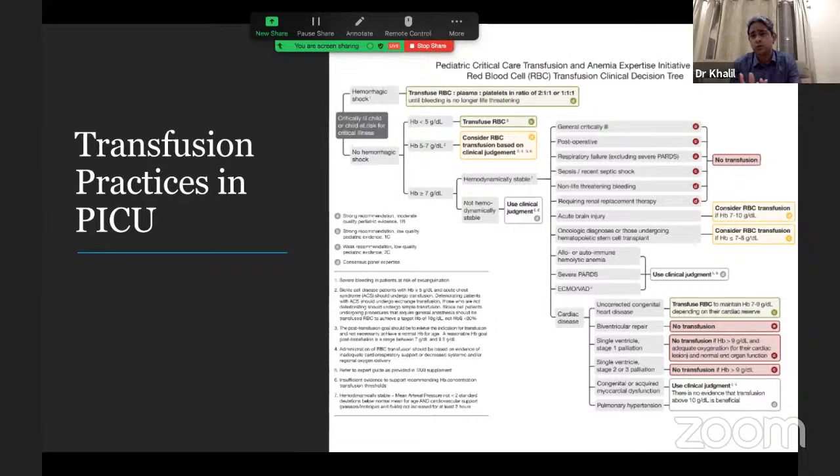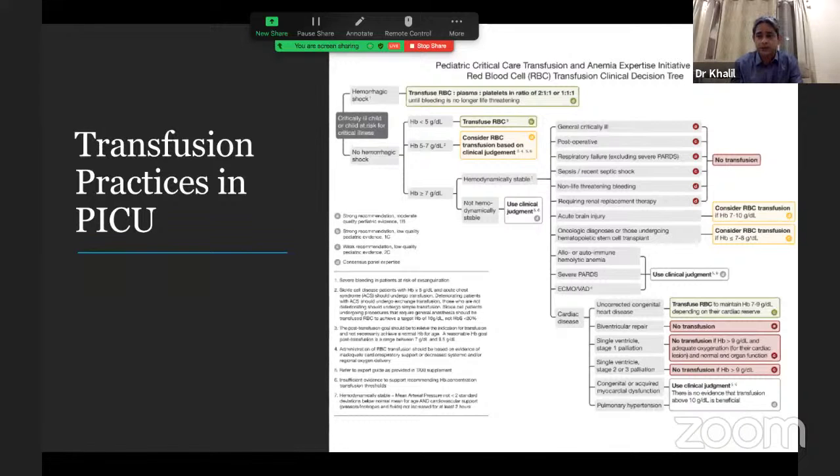Ideally, they do well without transfusion. And when you have children with conditions like acute brain injury or oncologic diagnosis, or those undergoing hematopoietic stem cell transplant, there you should be a bit more liberal with those types of children.